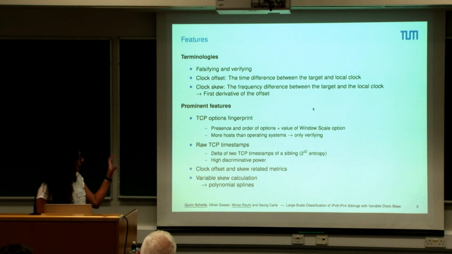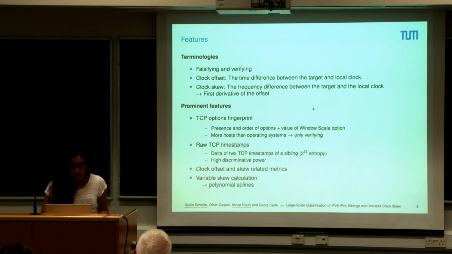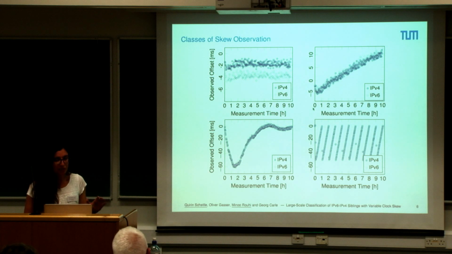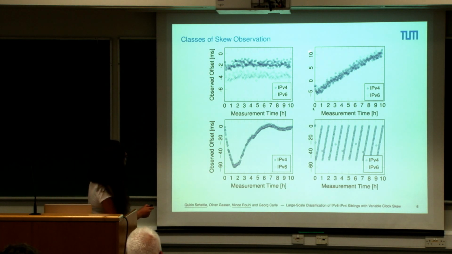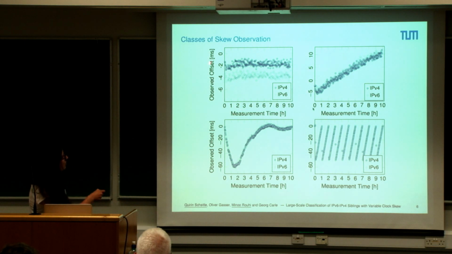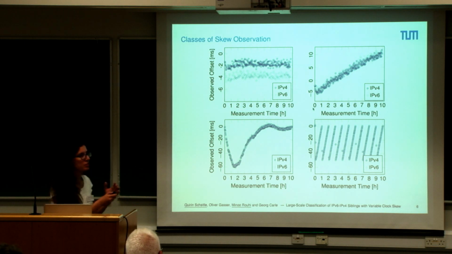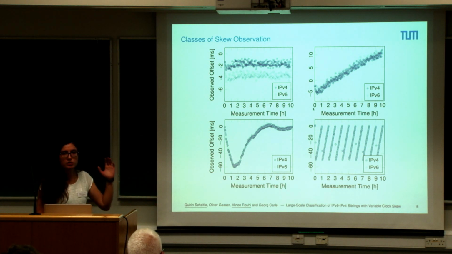There are multitudes of features obtained as the results of computing clock offsets and clock skews, which I will not go into detail here. But what I would like to show are these interesting graphs. On the x-axis you can see the measurement time, the prober time, and on the y-axis the observed offset, the difference between the clock of the prober and the clock of the remote host.